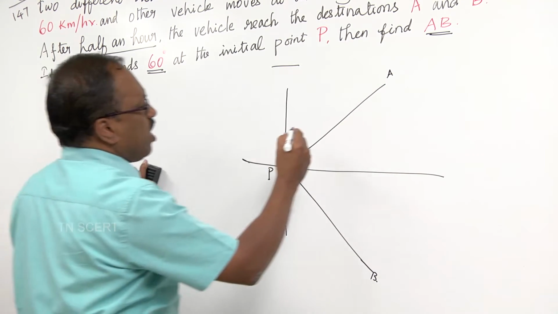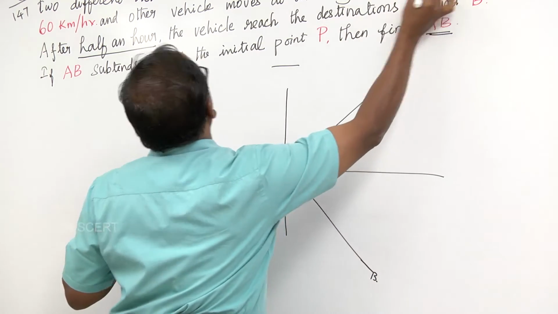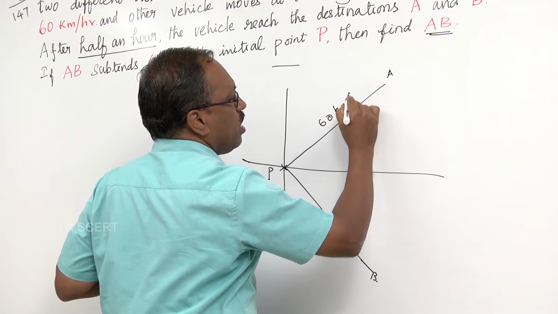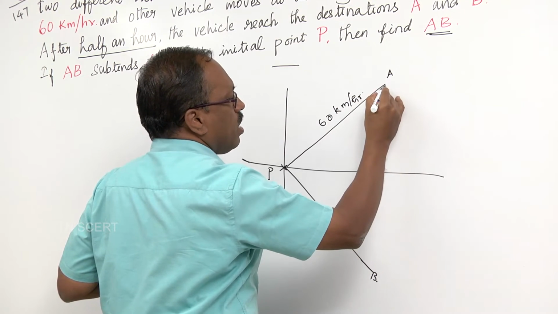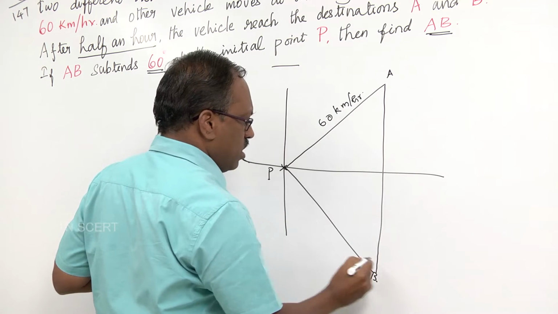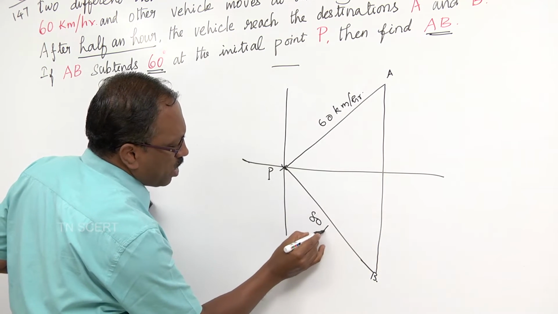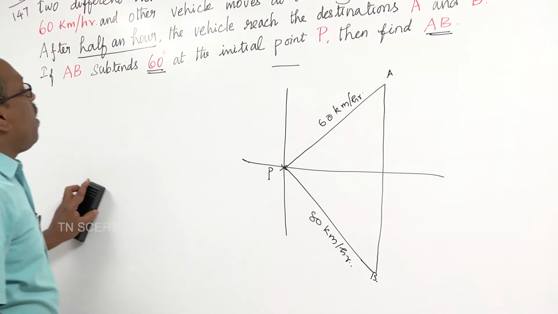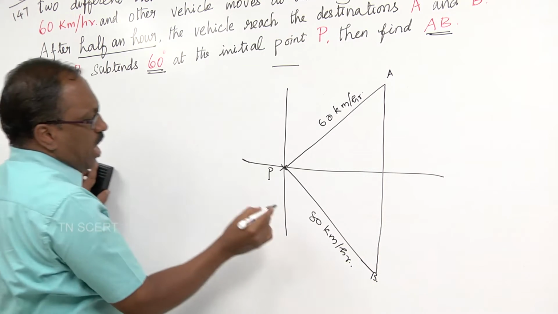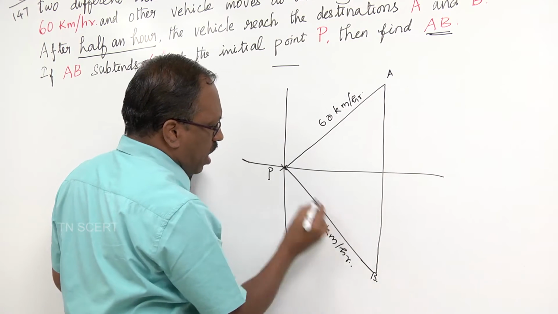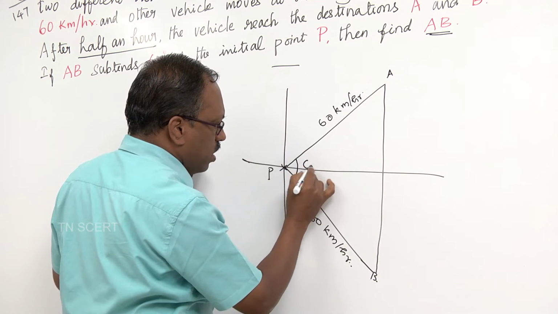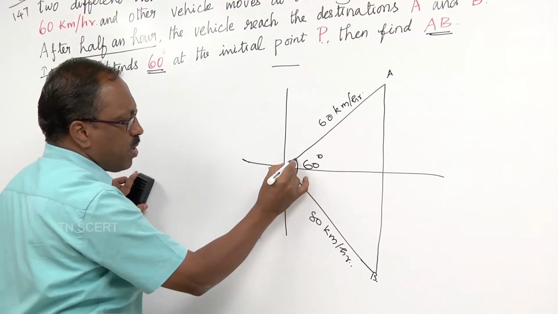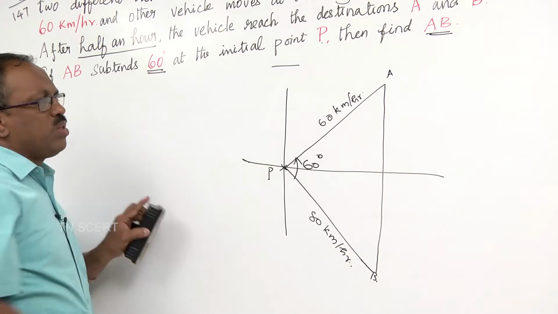The average speed of the first vehicle is 60 km/h, and the second vehicle is 80 km/h. This is what the question has given. And the angle subtended by AB at the initial point P is 60 degrees, measured in the anti-clockwise direction.